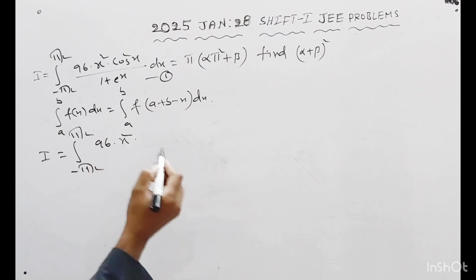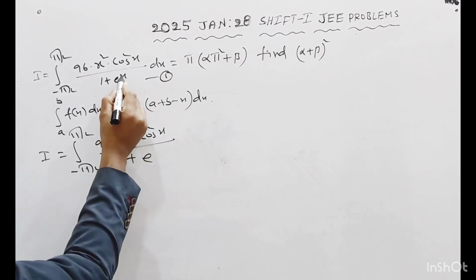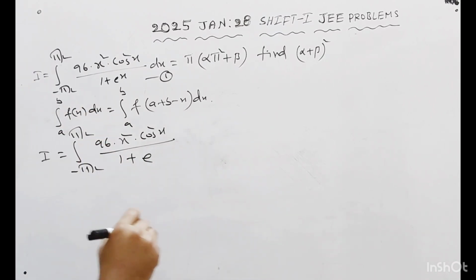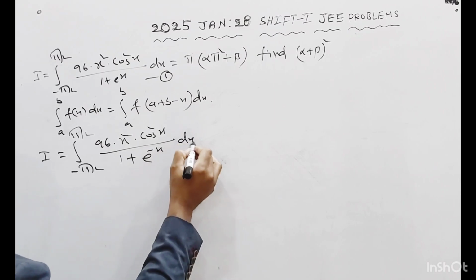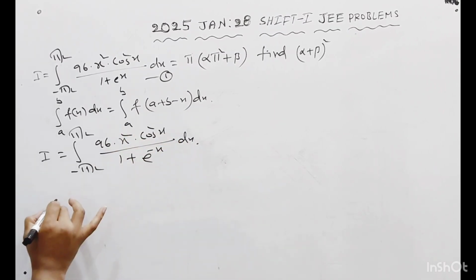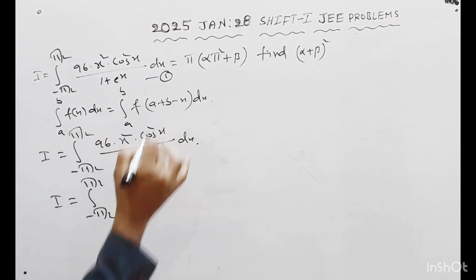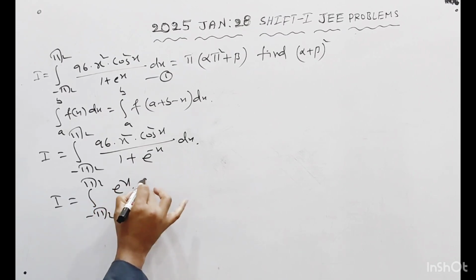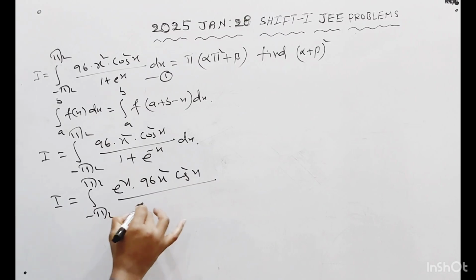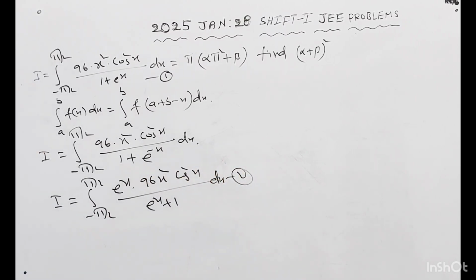Cos of minus x is cos x, that means cos square x by 1 plus e power, in the place of x, I said the sum of two limits minus x, that means 0 minus x, minus x dx, like this will come. So e power minus x can be written as 1 by e power x. Take LCM, that e power x will come upside, e power x into 96x square into cos square x by e power x plus 1 dx. This is called equation number 2. Okay, right?